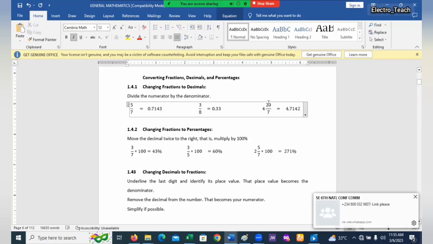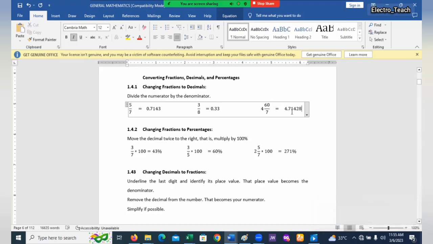Remainder will be 6, so you make it 60. 60 divided by 7. How many times can you find 7 out of 60? 8 times. That will be 56. Then there will be 4 remaining. If you do it once again, you put 4 here, making 40. How many times can you find 7 out of 40? 5 times. So on and so forth.